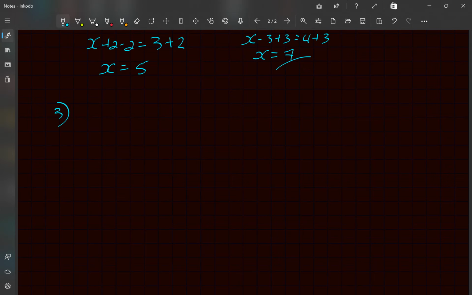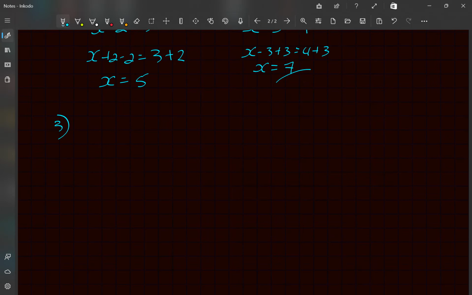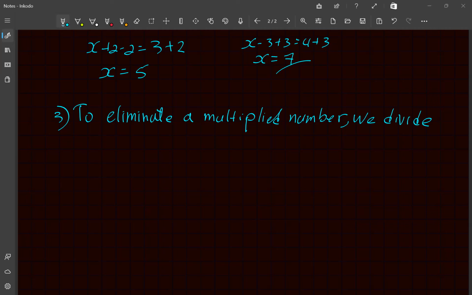Now we're going to have a look at eliminating a multiplied number. And to eliminate a multiplied number, we need to divide. Right, so let's see how we go about this.